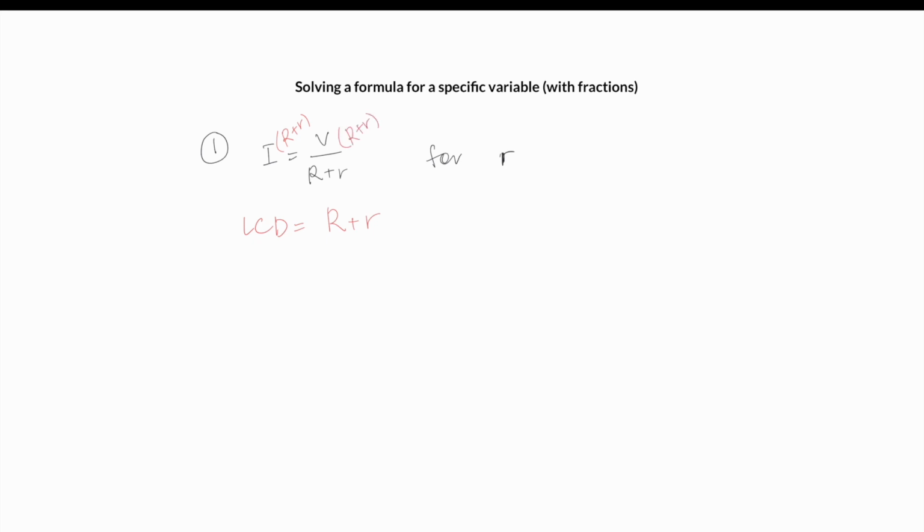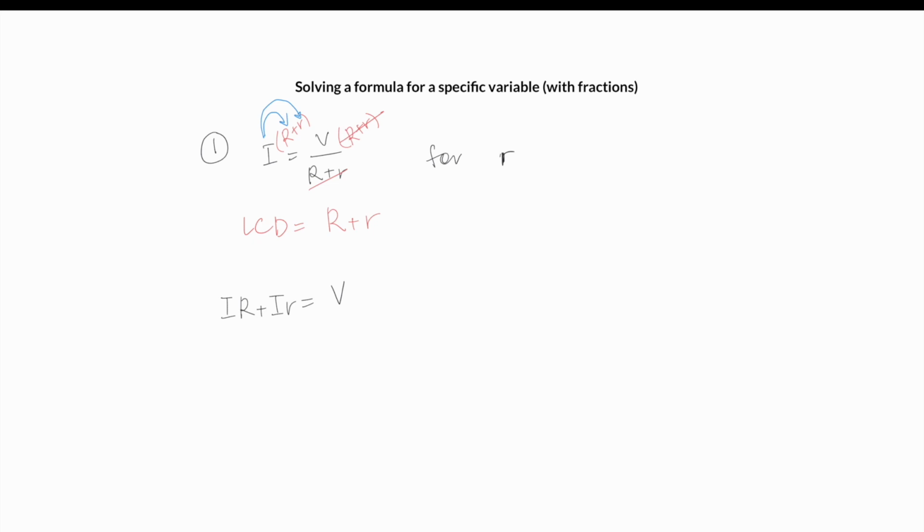This causes the R plus r on the right side to cancel, leaving you with just a V, and on the left side you have your I capital R plus I lowercase r, because we distributed the I inside of this set of parentheses.